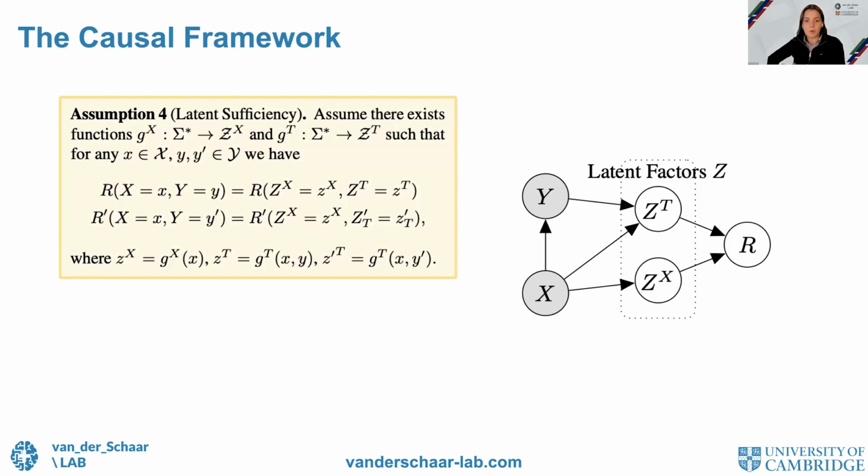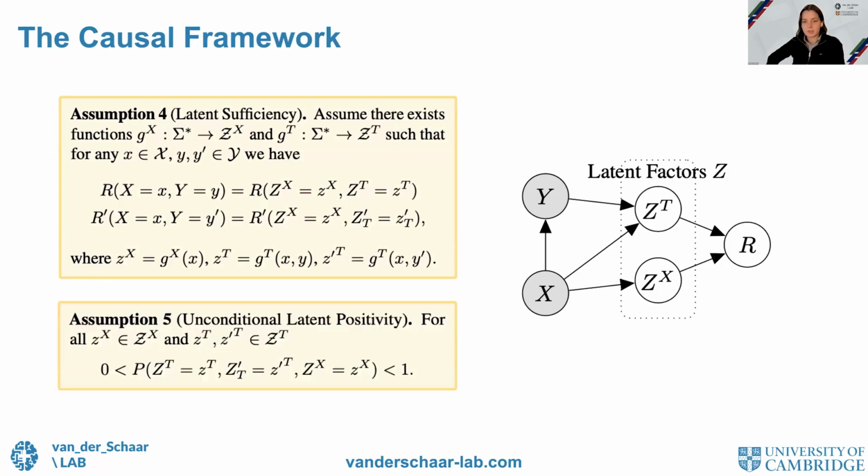That is, the rewards are conditionally independent of the raw text that we observe given the latent factors Z. And the second assumption is the assumption of latent positivity, which requires that all combinations of latent factors have a non-zero probability of being assigned.